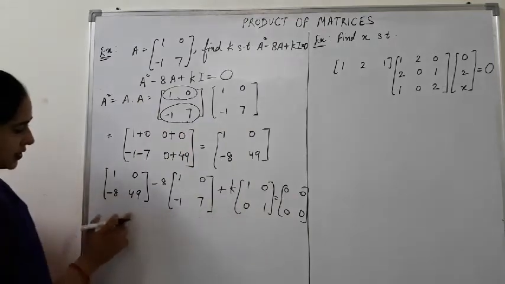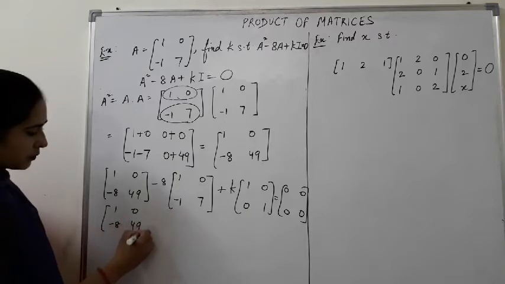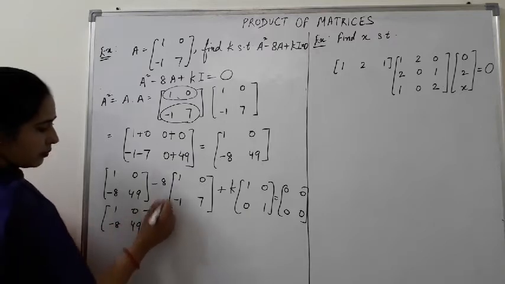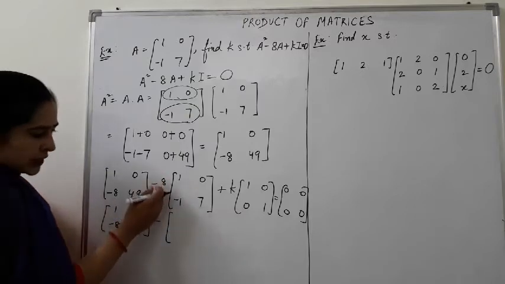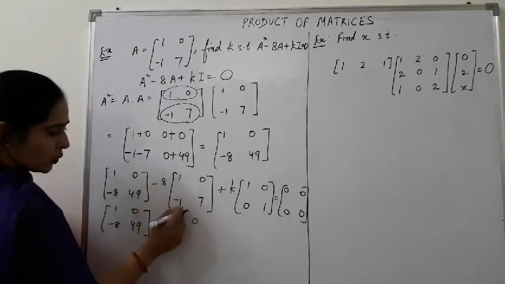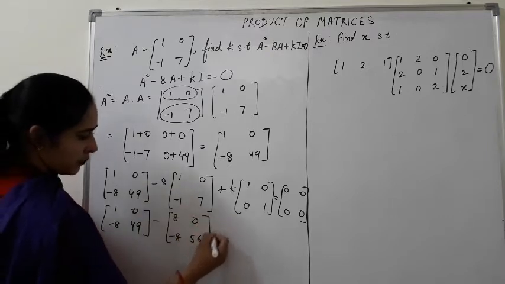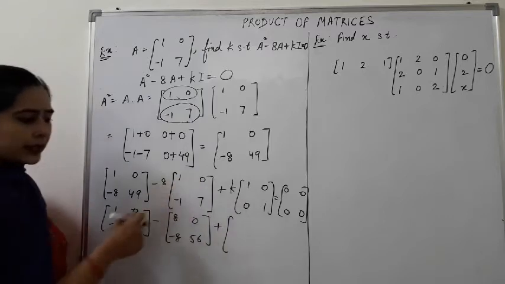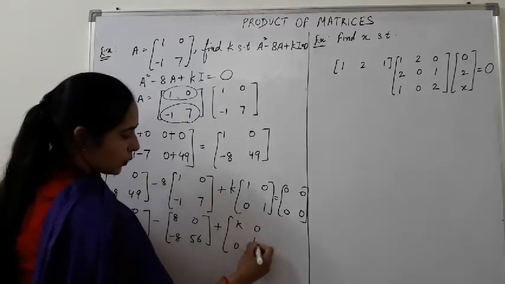Now simplify this. Keep this matrix as it is. Multiply 8 inside. That is scalar multiplication of a scalar with a matrix: 8, 0, minus 8, 56. Plus multiply k inside: k, 0, 0, k.